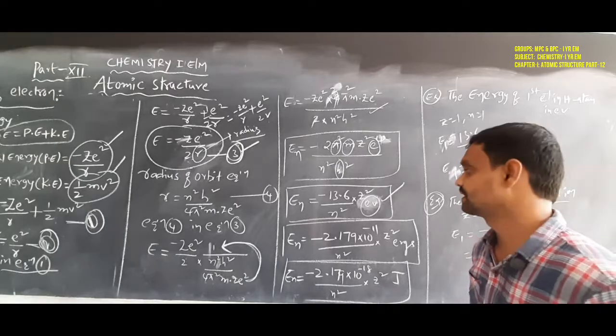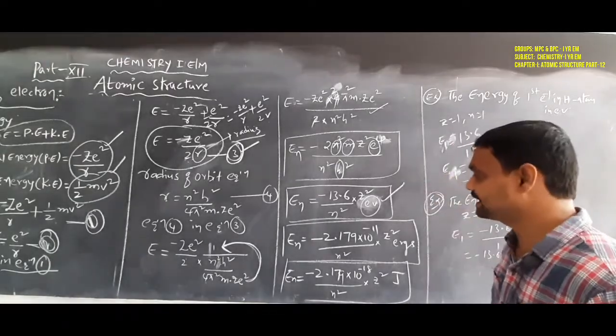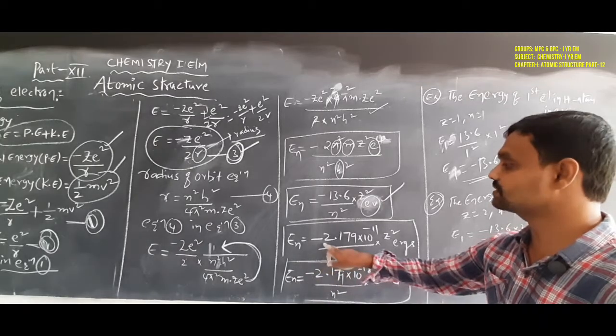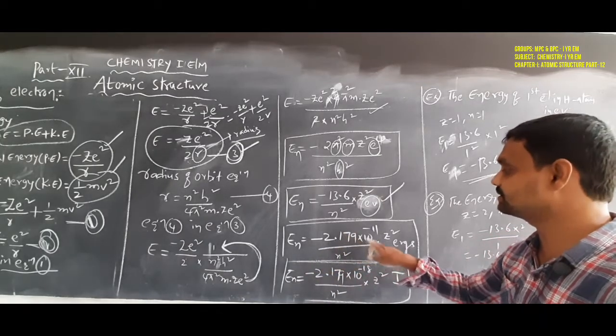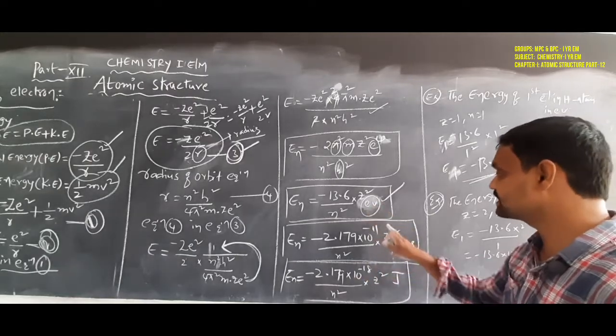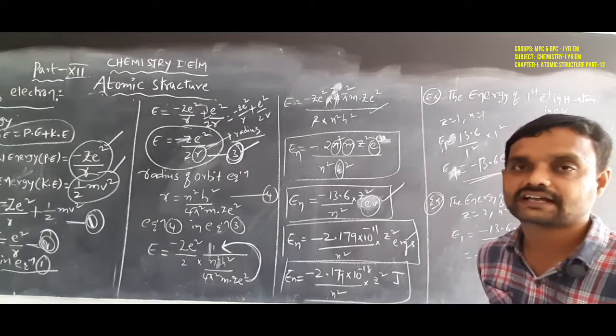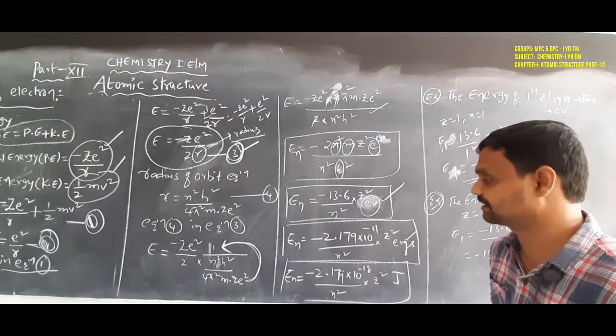When converted into ergs, En is equal to minus 2.179 into 10 power minus 11 by n square into Z square ergs. In ergs, this is the energy of the nth level electron.